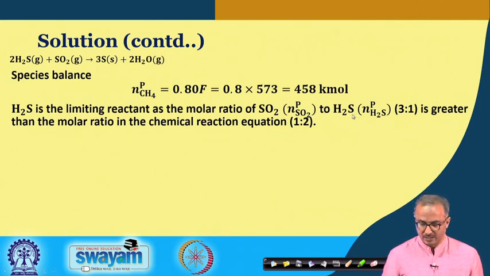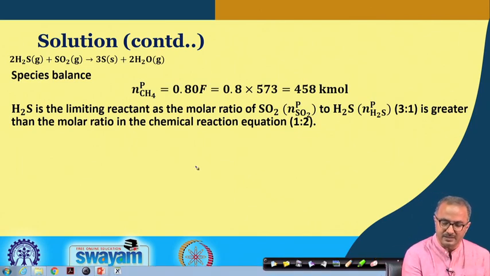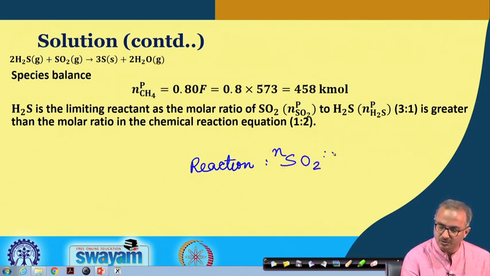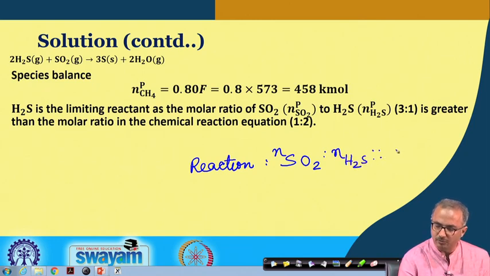So, if we write like this, for the reaction, the SO2 amount, or rather NSO2 to NH2S, is how much? It is 1:2.